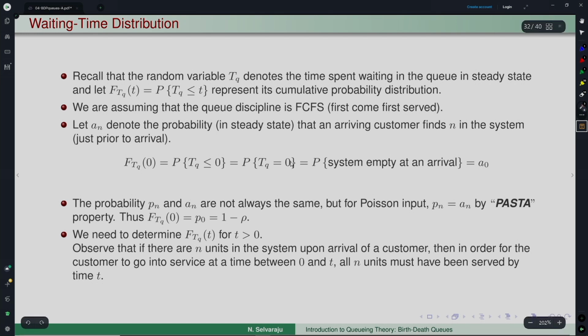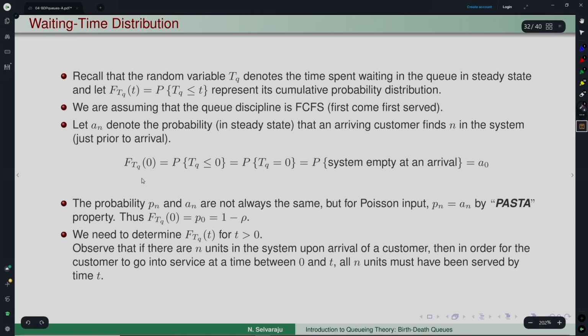For all those customers, the waiting time in queue is 0. That will happen when the system is empty at an arrival, which happens with probability A_0, because A_0 is the probability that you find the system empty on arrival.